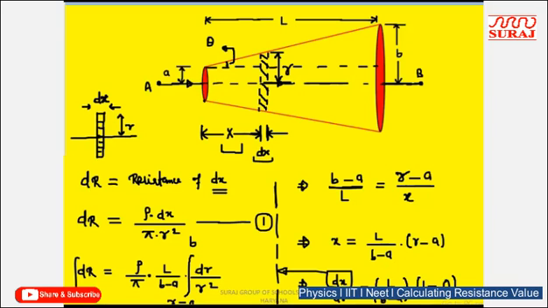Differentiating this equation with respect to r, we get dx by dr equals L upon b minus a. Cross multiplying, dx is L upon (b minus a) times dr. Putting in the value of dx, the equation becomes rho by pi times L by (b minus a) into dr by r square. Now we have to integrate this equation from small a to small b.